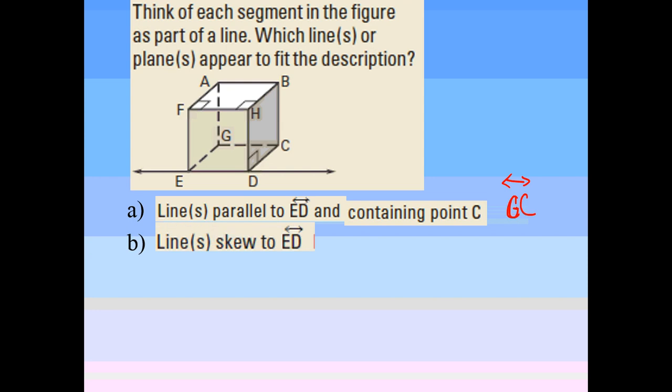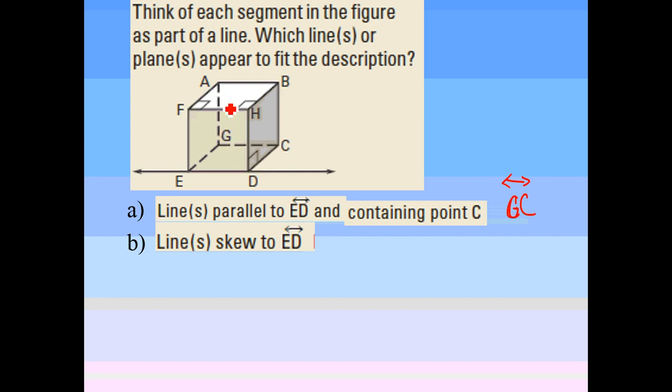Now a line that is skew to ED, here's where I wanted to talk about skew. So ED is down here in the bottom corner. Now I need to find a line that does not intersect ED and it goes in a different direction. So like FH goes in the same direction. That would be parallel. AB goes in the same direction. That would be parallel. But now let's take this segment that's going up and down back here, AG.